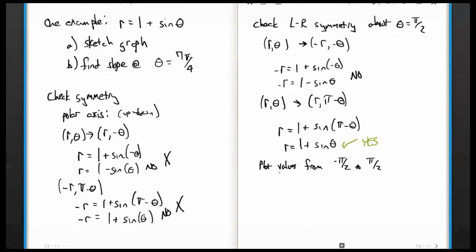So we'll make a little table here. Actually, we'll make a table on the next page. So theta goes from negative pi by 2 to pi by 2. And let's make a little table here.